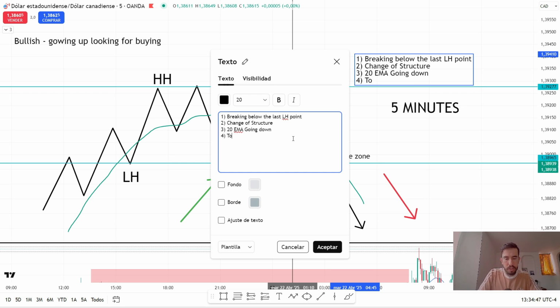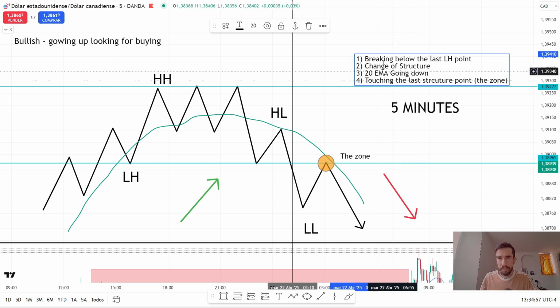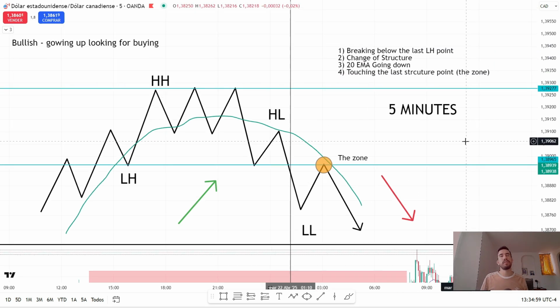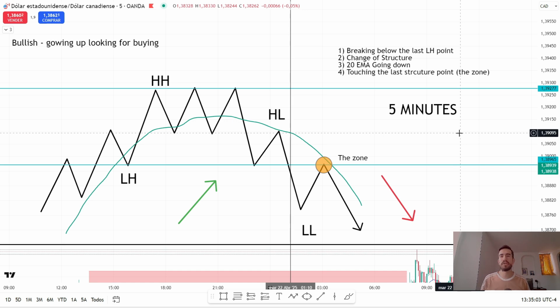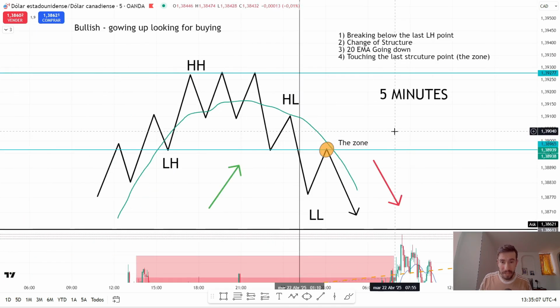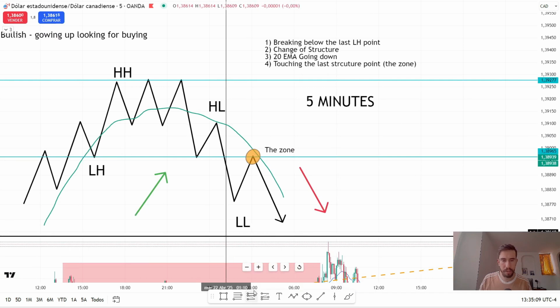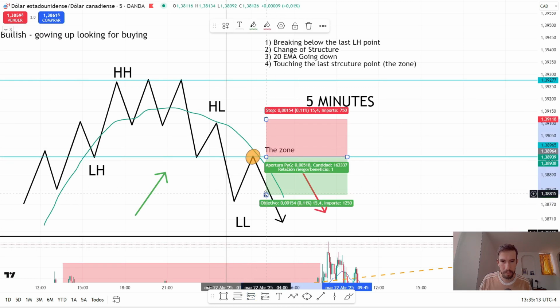The price is touching the last structure point, which is what we call the zone. Okay, this is how you want to play this game: having a plan, having confirmations, putting the odds in your favor. So if you have this scenario, you can put your entry in that area.